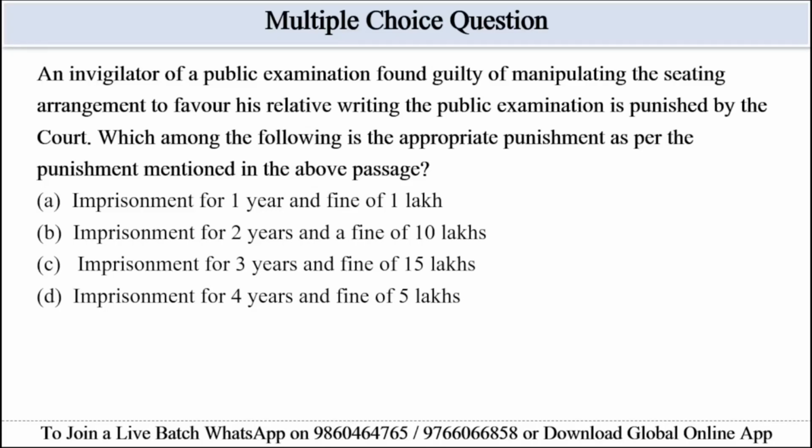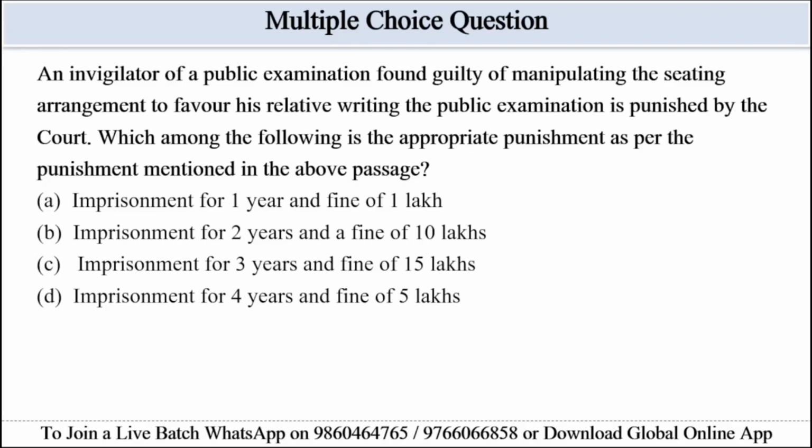So for this question, the passage states any person or persons resorting to unfair means and offences under this act shall be punished with imprisonment for a term not less than 3 years but which may extend to 5 years and with fine up to 10 lakh.